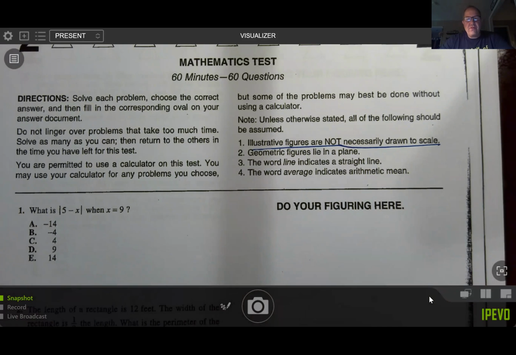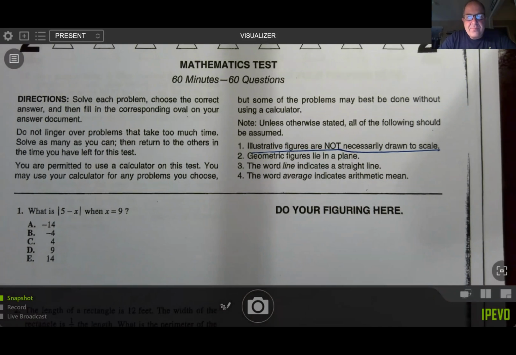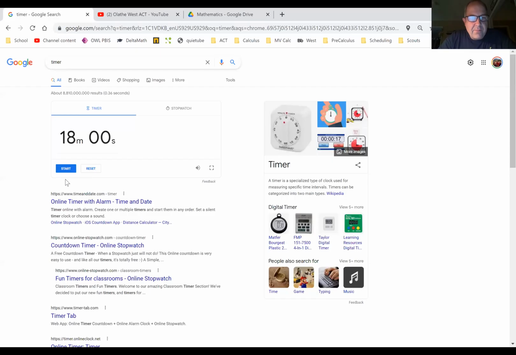You can use a calculator on every single thing. I'm going to give you, I think, 18 minutes on this. And my timer is right here. All right. You may begin.